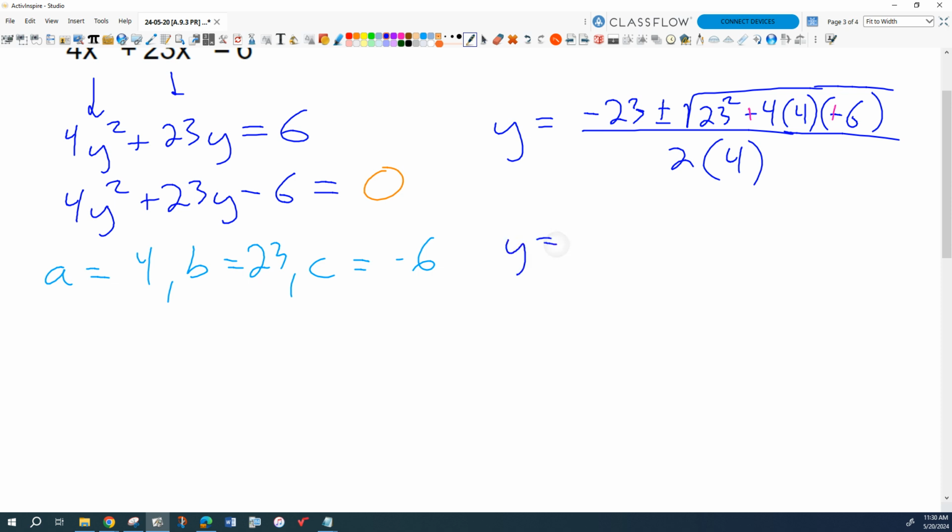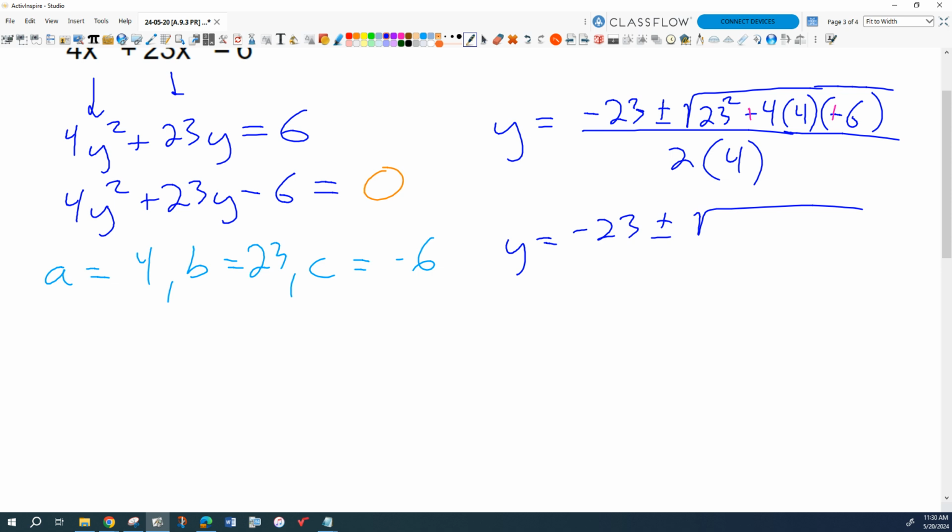So I'm going to get y equals negative 23 plus or minus the square root of 23 squared. What's that going to be? 23 squared is 529.